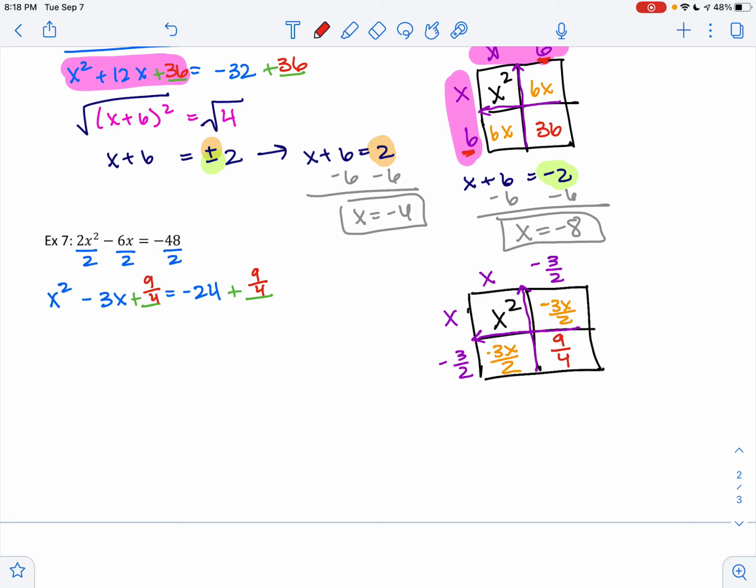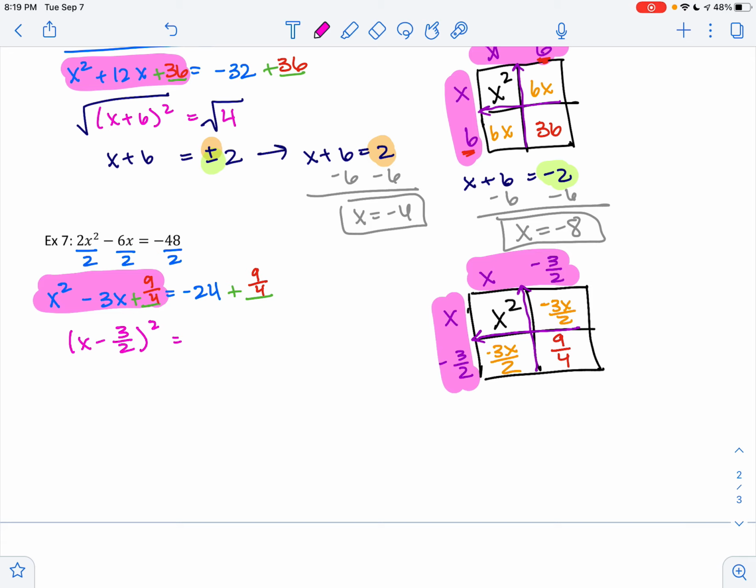So on the left side of my equation, I have x squared minus 3x plus 9/4. And I've just factored that. That gives me x minus 3/2 times x minus 3/2, which is the same thing as saying x minus 3/2 squared. And then remember that your calculator can do fractions for you.